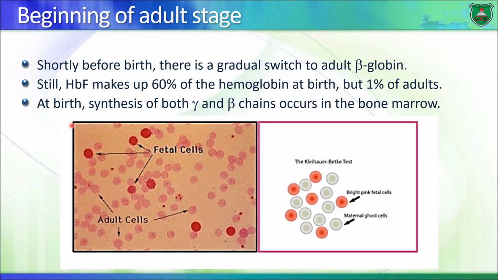Now, right before birth, you have this switch into the beta globin. Still, HbF makes up most of the hemoglobin at birth. Okay. Now, in adulthood, HbF makes up about 1% of all hemoglobin molecules. And production of gamma and beta chains occurs in the bone marrow.